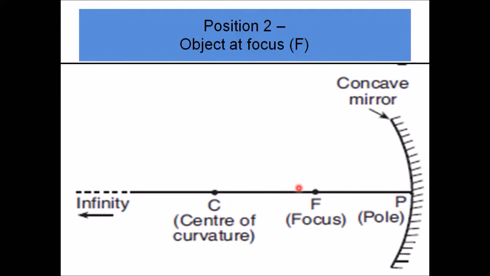This is our basic diagram: a concave mirror with the reflecting side on the inside and the rough side on the outer side, and a principal axis with center of curvature, focus and pole.